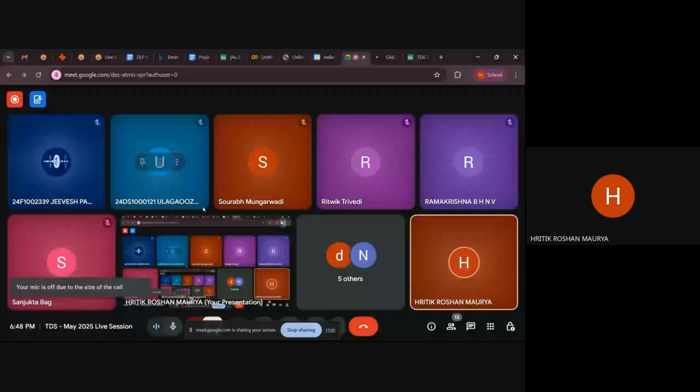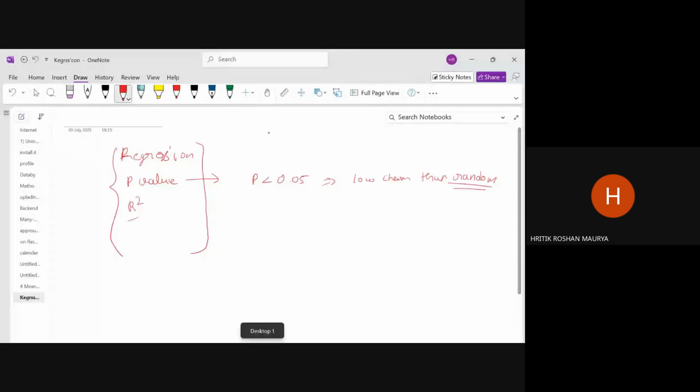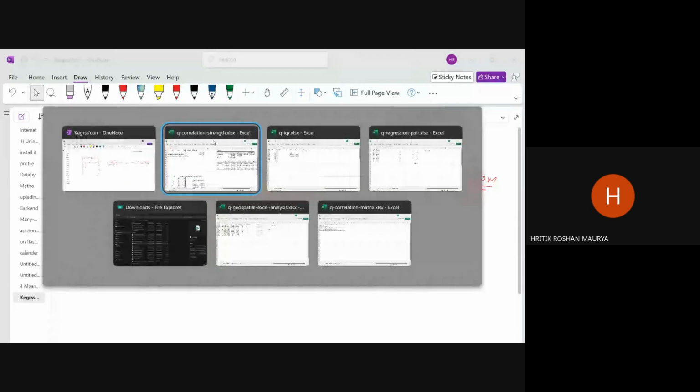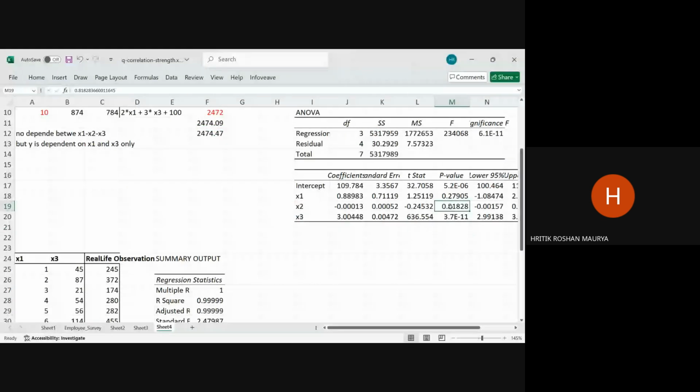Sorry, I got disconnected. Am I audible now? So I was talking about the p-value. If the p-value is less than 0.05, then there is a low chance of it being a random value. So here you can see that the p-value is much greater than 0.05.